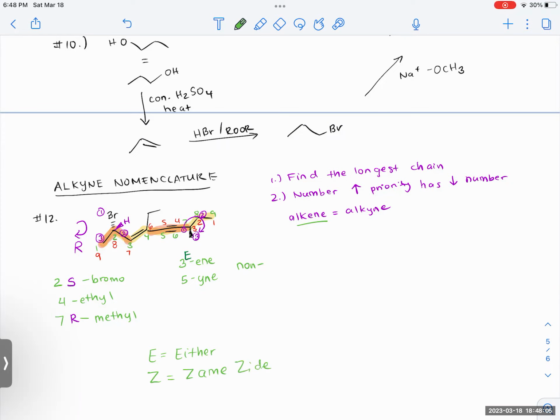Okay, so we're going to use the alphabet to put everything in order. So bromo is first. We're going to have 2S. Actually, I'm going to run out of room. Let's move this over. 2S bromo. Next is ethyl. We're going to have 4 ethyl, 7R methyl.